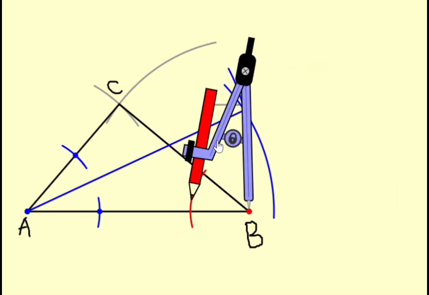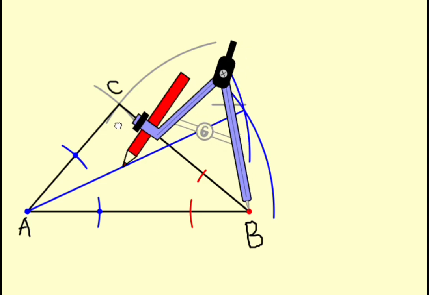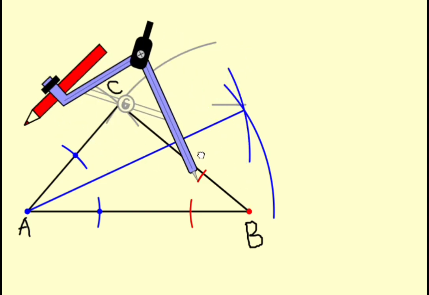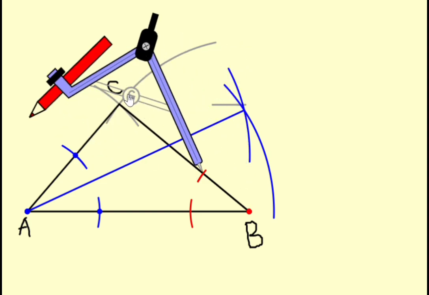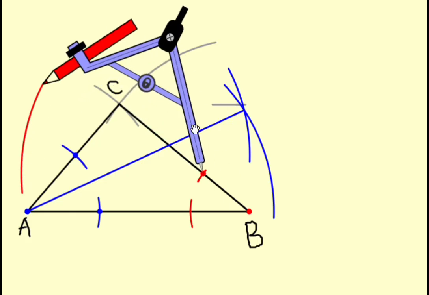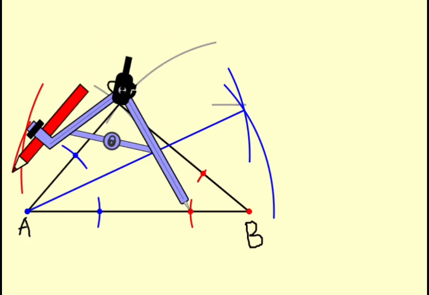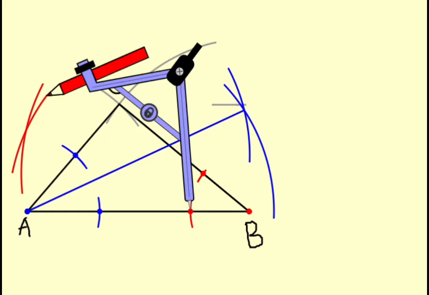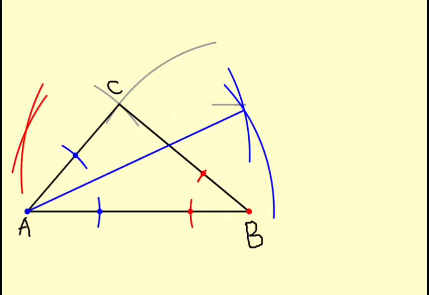Then I open the compass, the same way we did for bisecting angle A. Take it to the first arc, and then I make another arc, and also another arc so that they intersect. And then I'm going to join from B to the point of intersection.